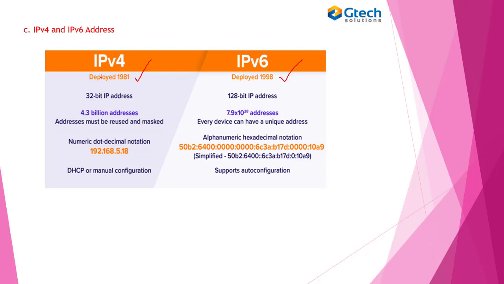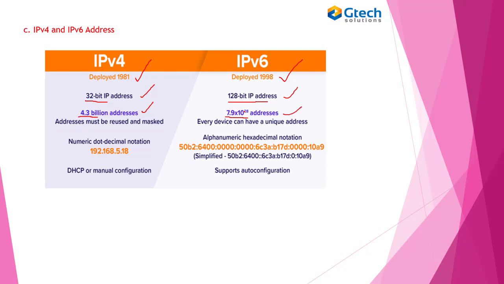As discussed earlier, IPv4 is a 32-bit IP address, but IPv6 is a 128-bit IP address. So under IPv4 we can have up to 4.3 billion addresses, but under IPv6 we can have this number of IP addresses.